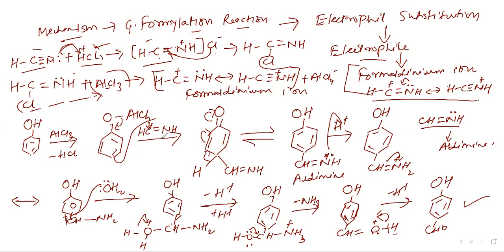And it will lose this AlCl2 to form this double bond oxygen. And this formaldiminium ion will attack at the para position, because we know that the phenoxide ion activates the benzene ring, right? Even phenol activates the benzene ring at ortho and para positions, right? So it will attack at the para position.